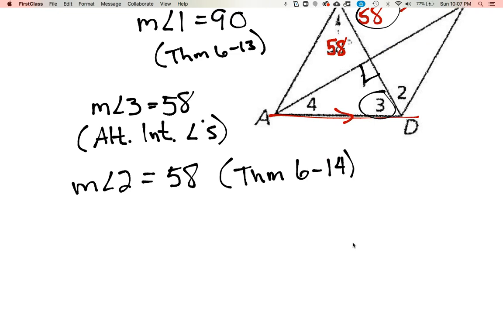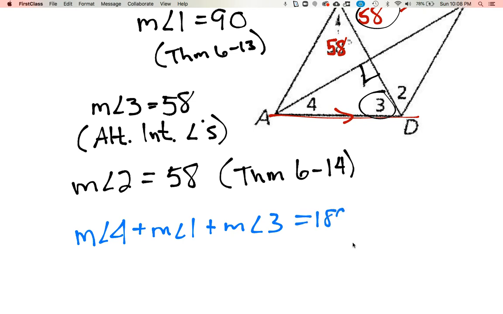And then we know that the measure of angle 4 plus 90, plus the measure of angle 1, plus the measure of angle 3 have to be 180. That's theorem 3.11.